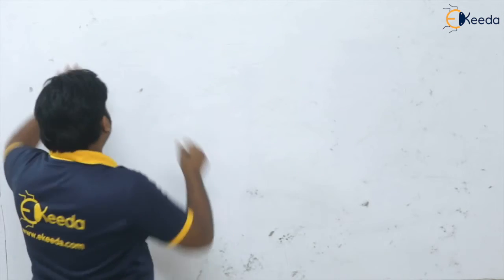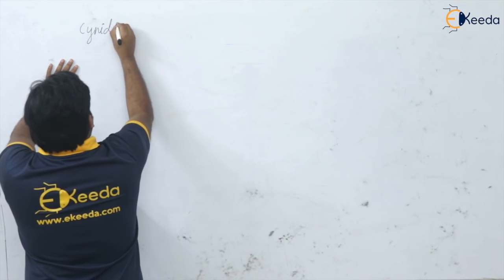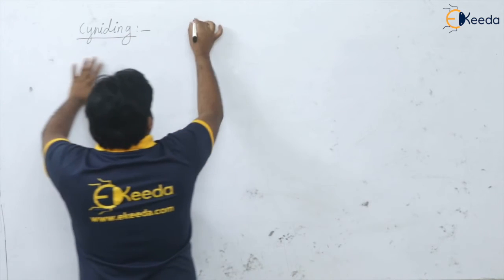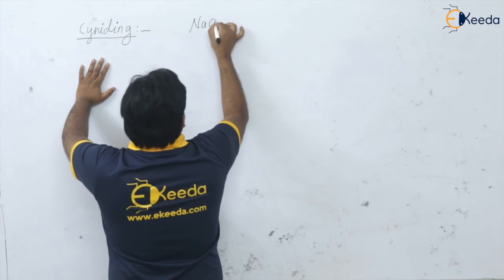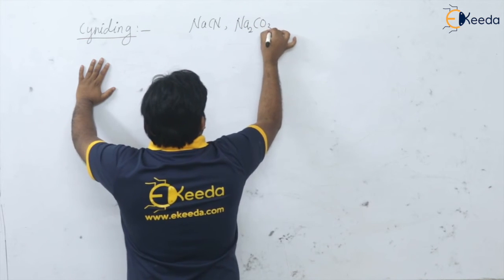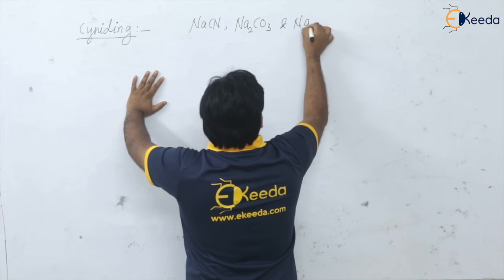So dear students, if you see the cyaniding, here the mixture has NaCN, Na2CO3 and NaCl.